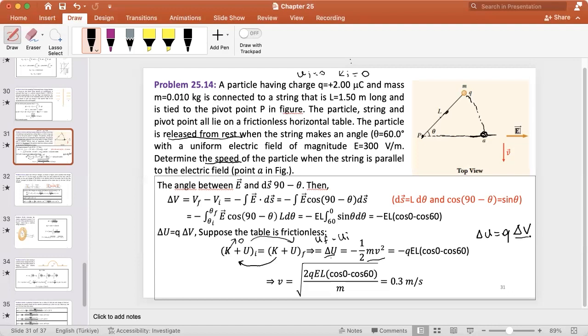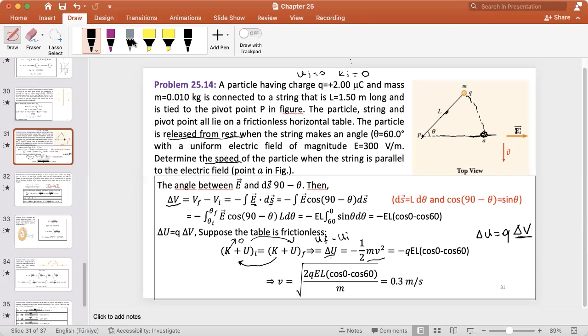How can I calculate the potential difference? I know the potential difference equals minus electrical field dot product ds. The dot product always gives cosine information. I have to know the angle between the electrical field and ds.